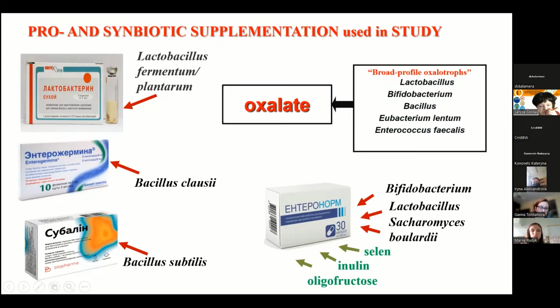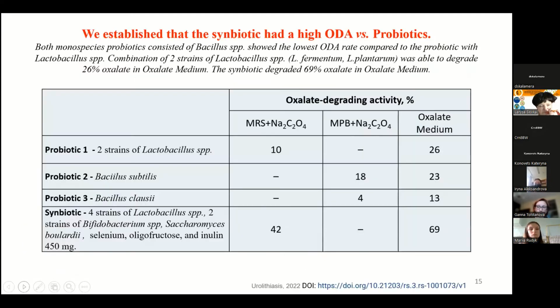And we decided to check first, to be more efficient, how these probiotics degrade oxalate. So we checked the oxalate degrading activity of the probiotics per se before their injection to the animals.